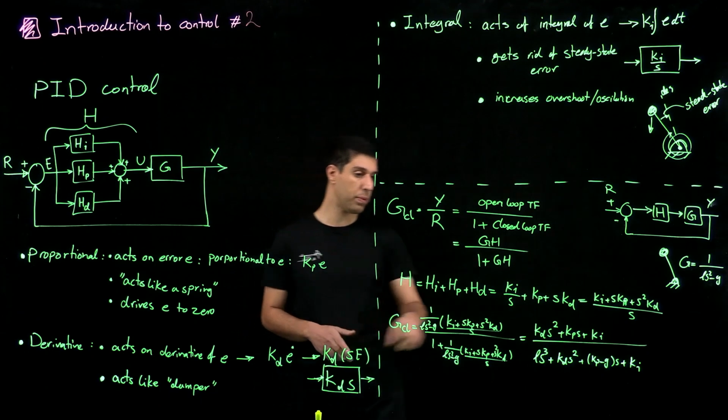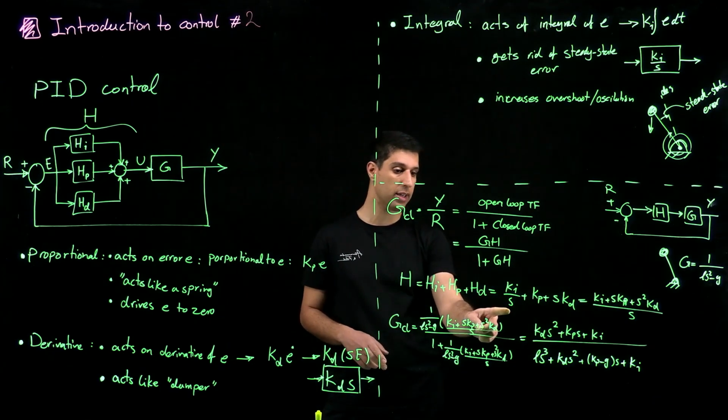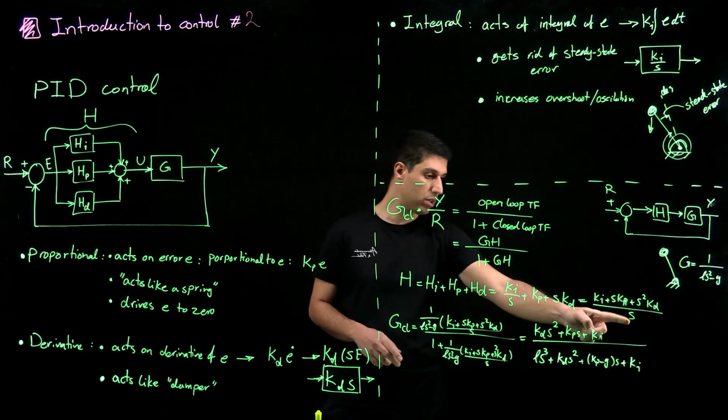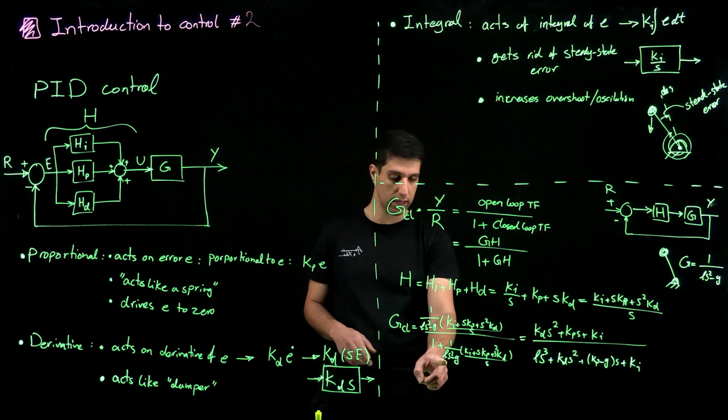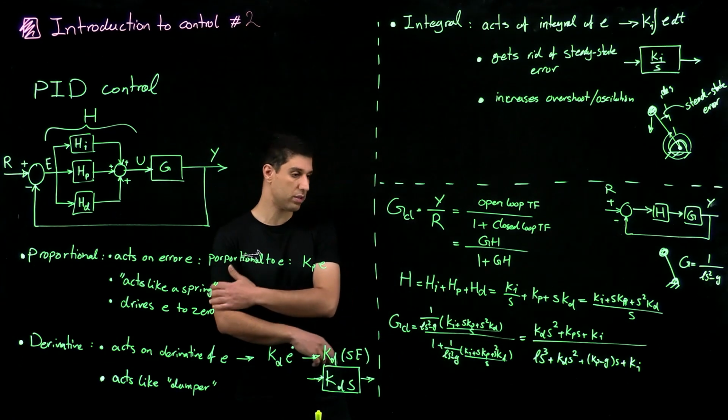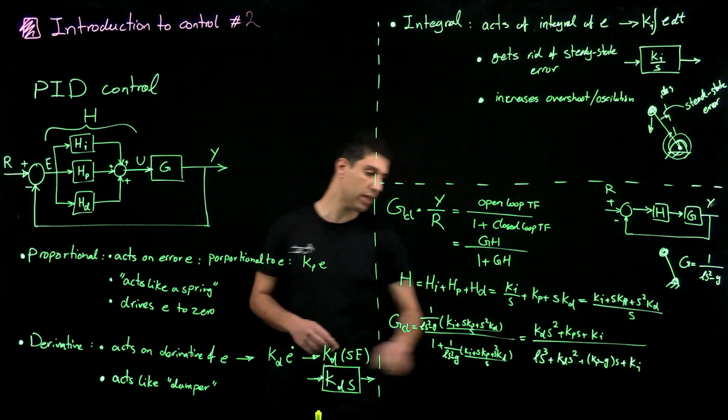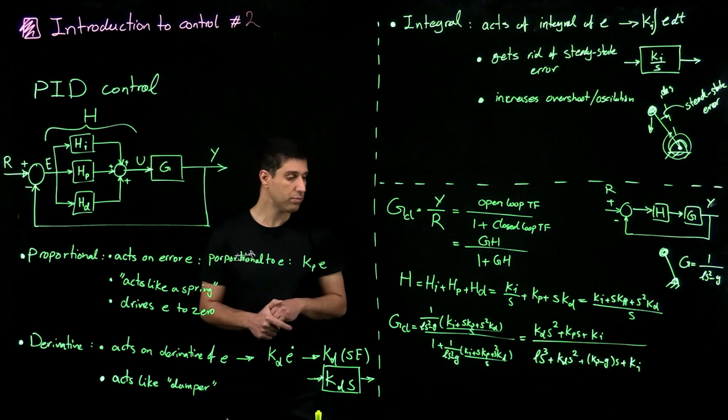And this showed up because we had this division by S in the integral. It showed up here, it showed up there, which multiplied by the existing S squared, the dynamics of the system, gave us a third order system.